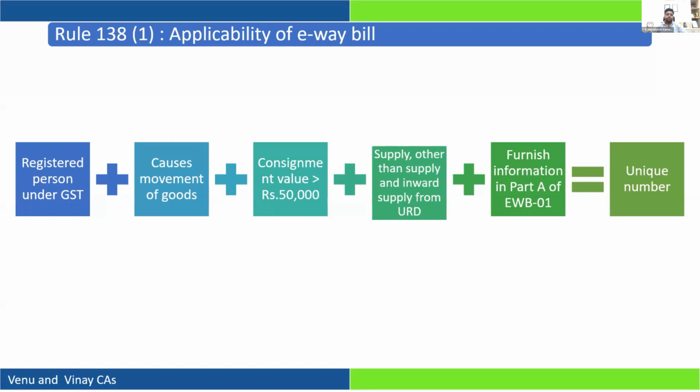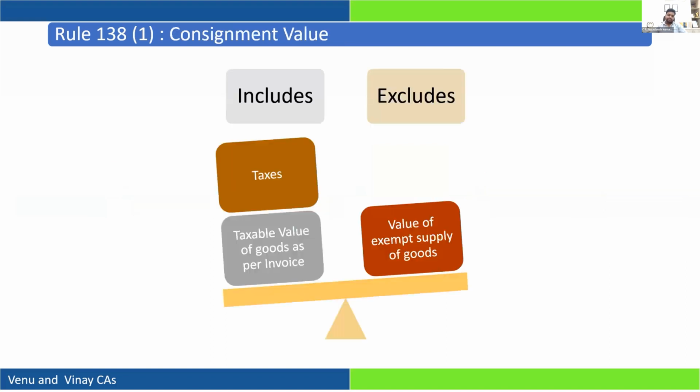mandatory. So here, the consignment value must be more than 50,000. What is the consignment value here? The consignment value includes the taxable value of goods as per the invoice. It includes the taxes also, but excludes the value of exempted supply. Therefore, it includes both taxable value and taxes, but excludes exempted supply.